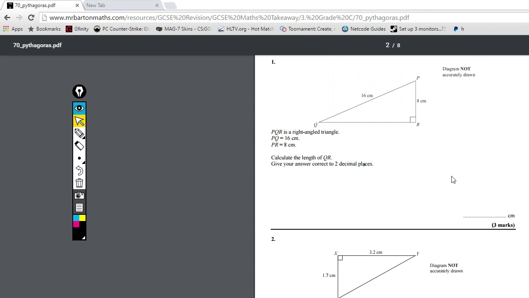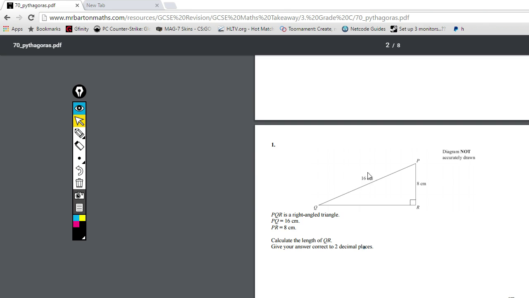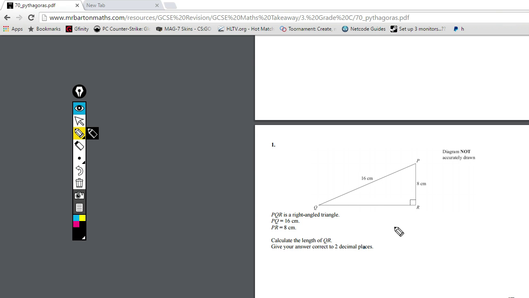So, here we have the hypotenuse, and we also have the opposite side to the angle. But that is not relevant. So what we're going to do is 8 squared take away 16 squared.